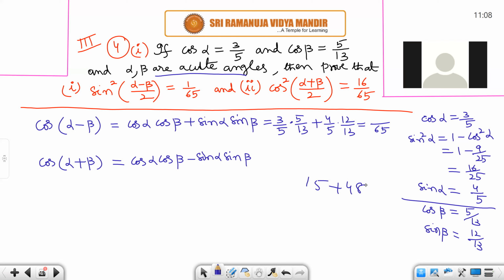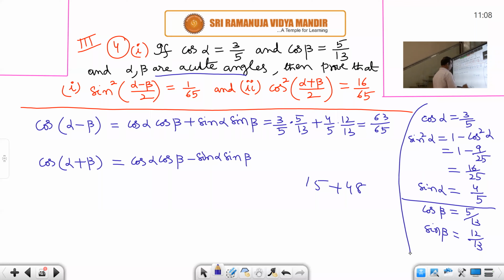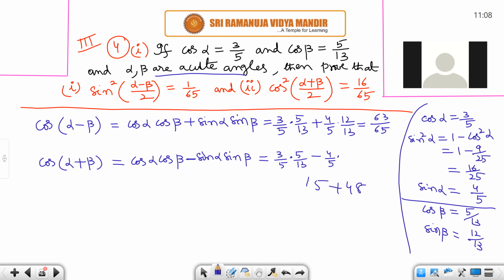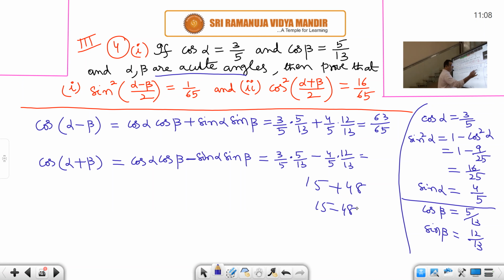Next, similarly, here only a minus sign in between. Remaining all same. So 3 by 5 into 5 by 13 minus 4 by 5 into 12 by 13. 15 minus 48, so it is minus 33 by 65, sir.